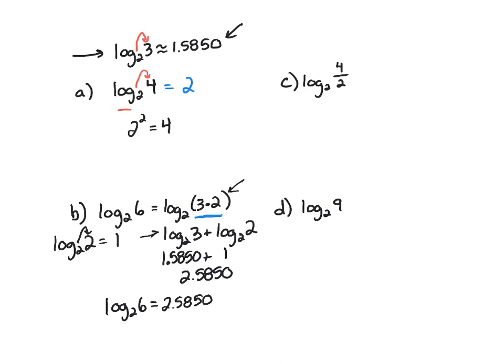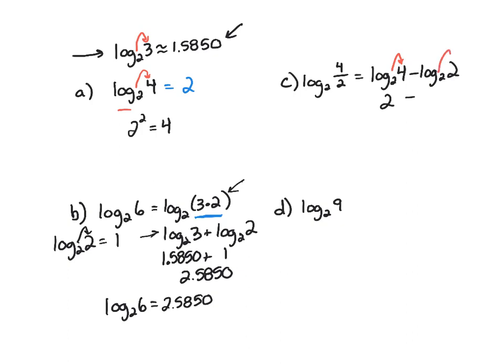Now if I look at part C, instead of multiplication, now I have division. So to break that log apart, I'm going to use subtraction since we have division. So I have log base 2 of 4 minus log base 2 of 2. And again, I have to look at each log and see if I can solve them. So the first one, 2 to what power gives me 4? Well, I know 2 squared is equal to 4, so that one's equal to 2.